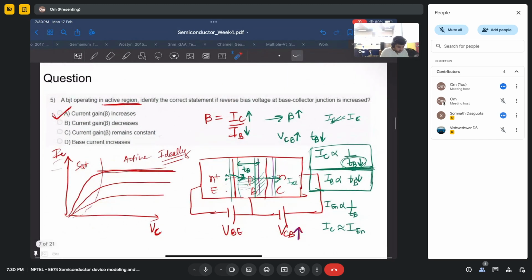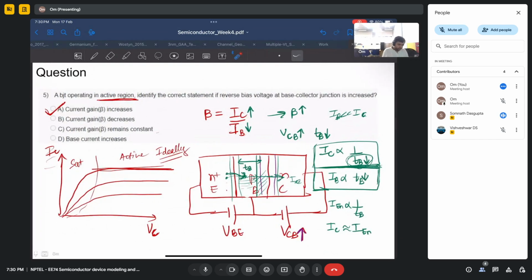But sir, here you write that IB is proportional to TB, but we can change VBE.